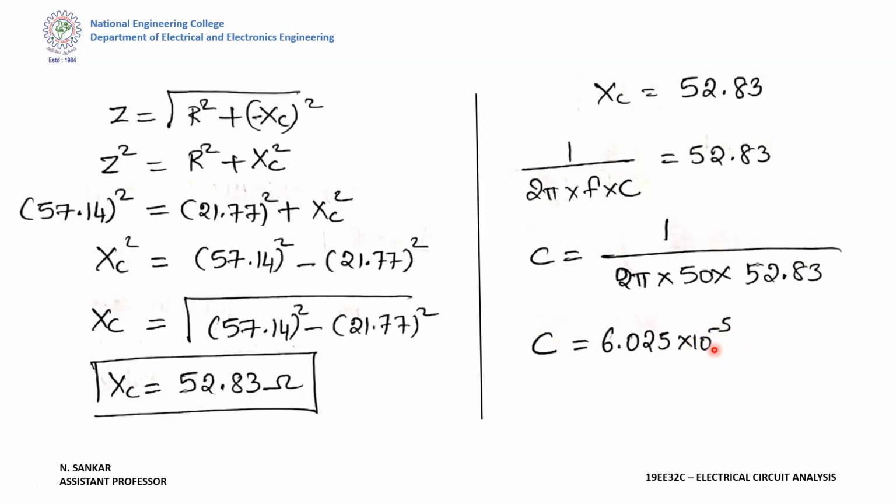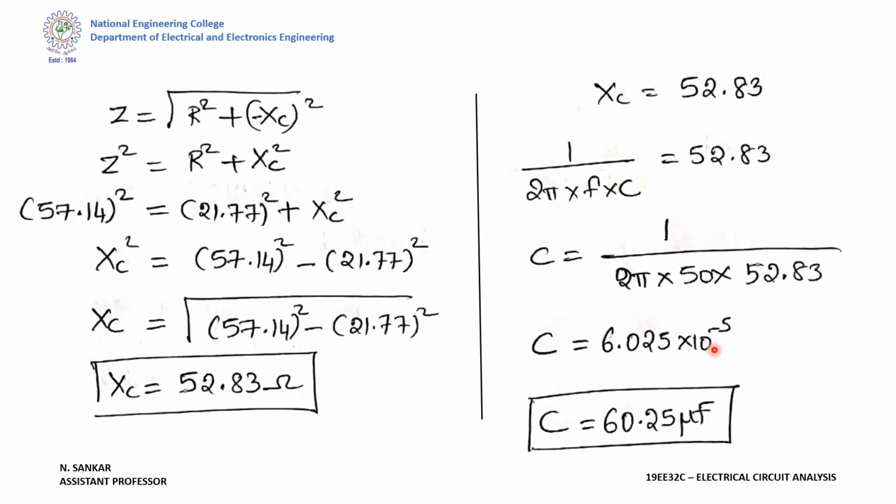For that just multiply by 10 and divide by 10, which will give 60.25 microfarad. If you multiply by 10 it becomes 60.25, and if you divide by 10 it will add another minus 1, that is 10 power minus 6. So the value of capacitance is 60.25 microfarad.